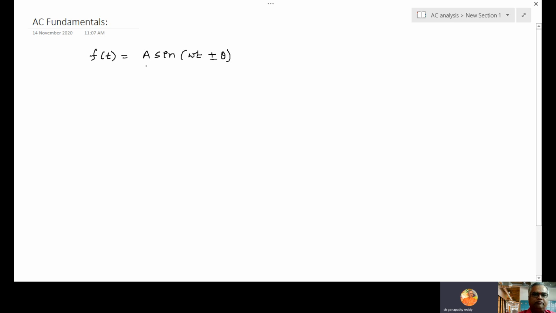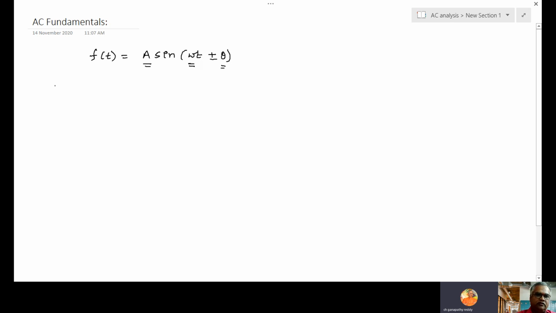So this is amplitude, this is frequency, this is phase. So any signal is characterized with amplitude, frequency, phase. We can use sine or cos, don't worry much, but generally we prefer sine because it starts with the zero value when t equals 0.